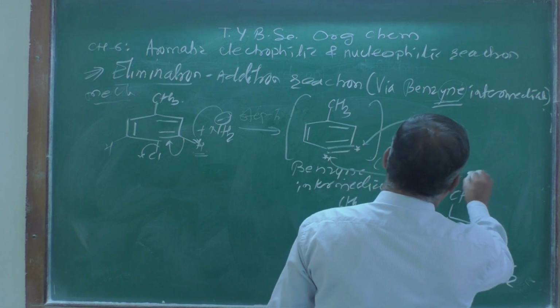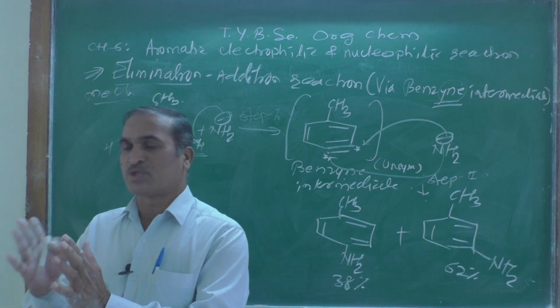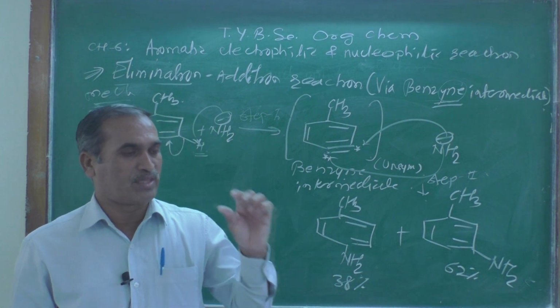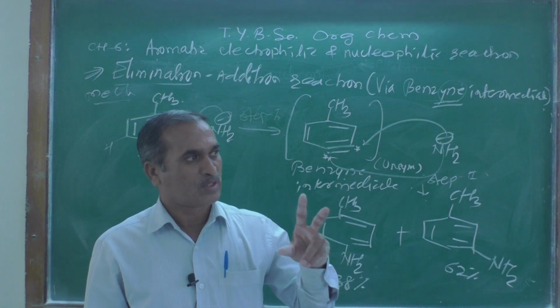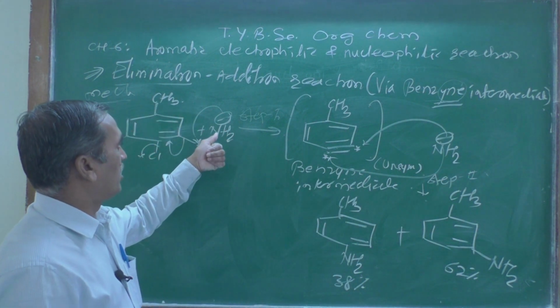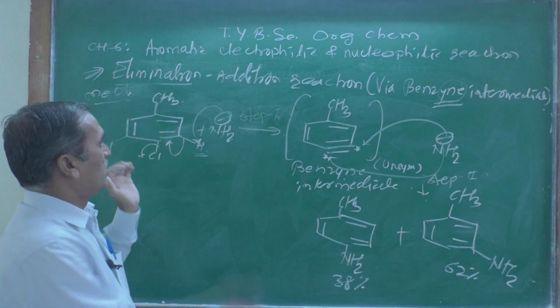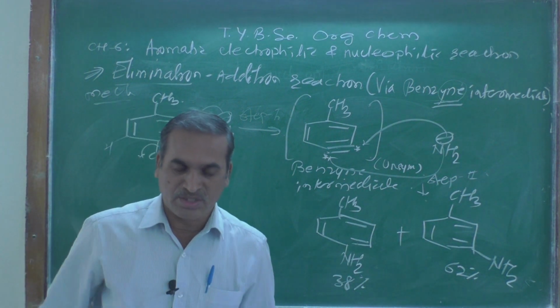This means this reaction involves a two-step mechanism. The first step is the attack of the nucleophile, which abstracts the proton from here and forms the intermediate. This is the first step.